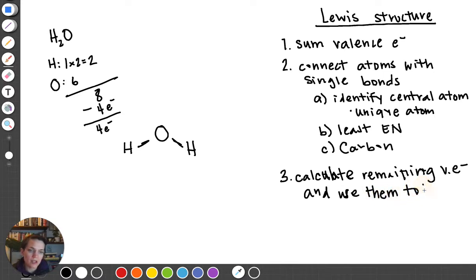You're going to use them to complete octets or duets, but duets never really happen. As soon as we drew this line to hydrogen, it was happy. So you're going to use them to complete octets.